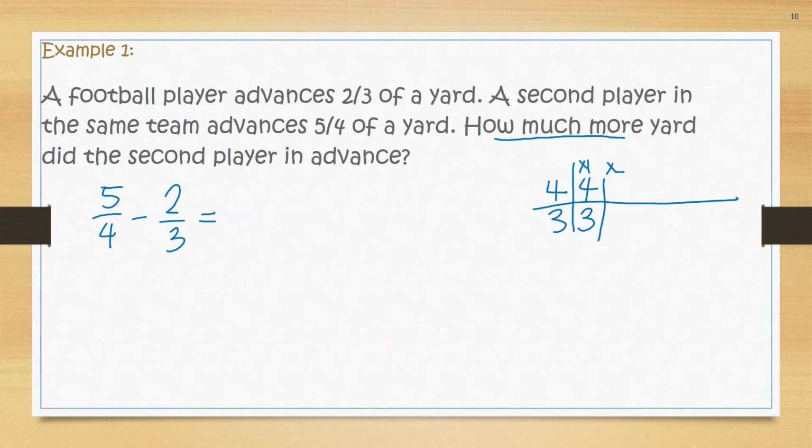Times 2. 4 times 2 is equals to 8. 3 times 2 is equals to 6. So since wala pa silang common number, let's proceed with times 3. 4 times 3 is equals to 12. 3 times 3 is equals to 9.